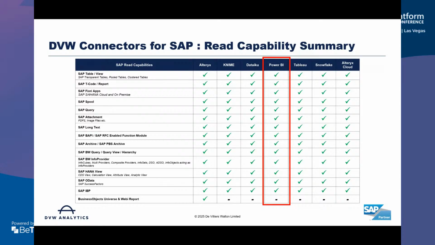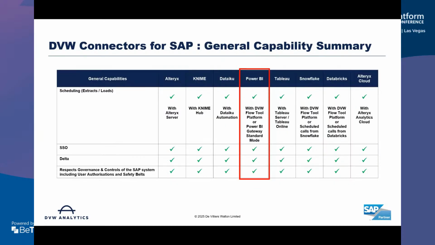So lots of possibilities there. And then in the slightly more modern world, HANA views, OData, and even IBP, integrated business planning. So all of that we can connect into. So pretty much any use case you can think of, we can cover off in terms of reading from SAP.